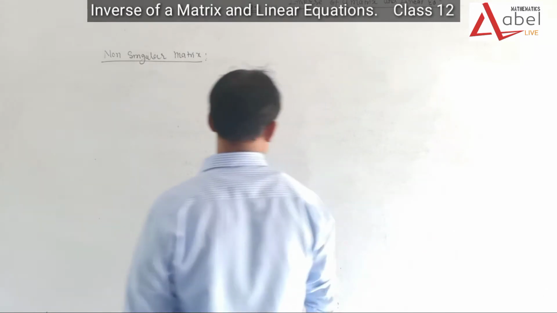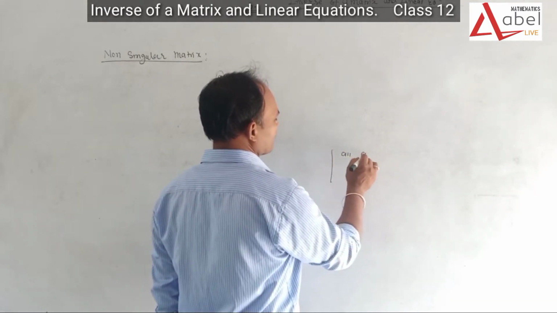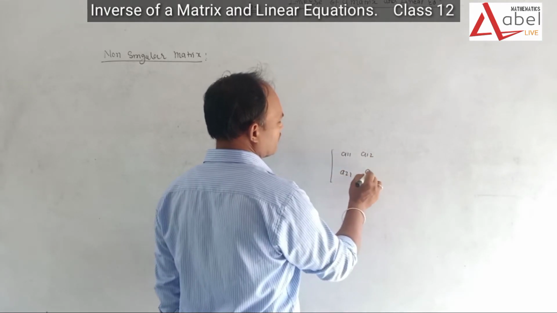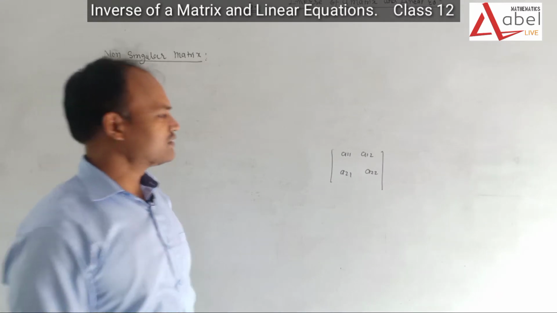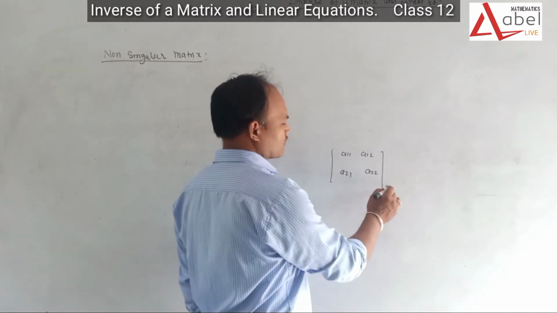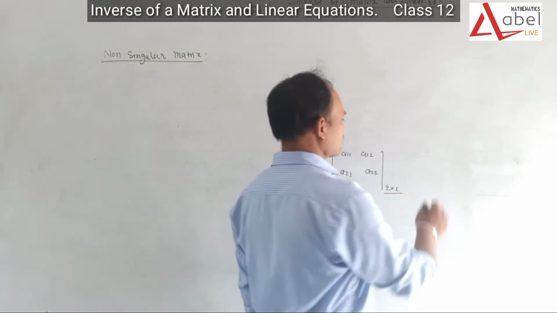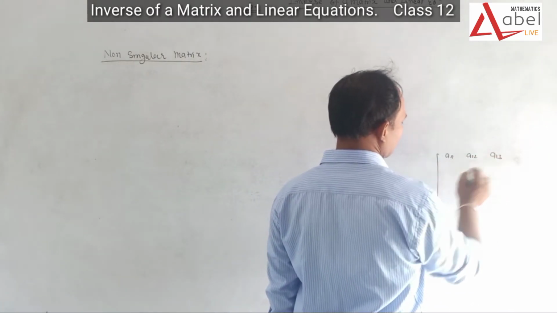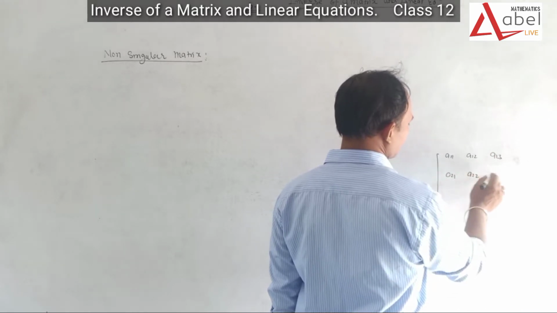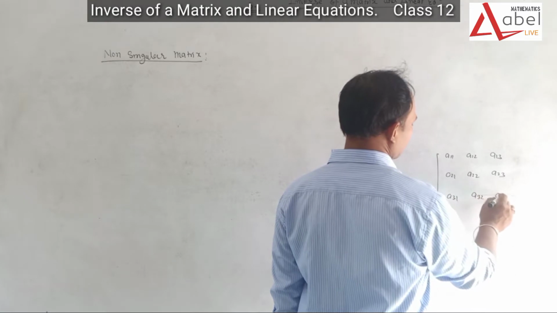Now let's see the example. When we are saying about the square matrix, we can say that it is A11, A12, A21, A22. It is a square matrix because order is 2 cross 2. When we are saying about the other matrix, it is A11, A12, A13, A21, A22, A23, A31, A32, A33.